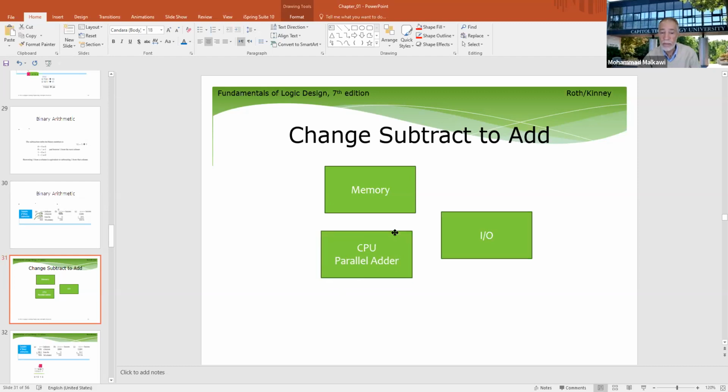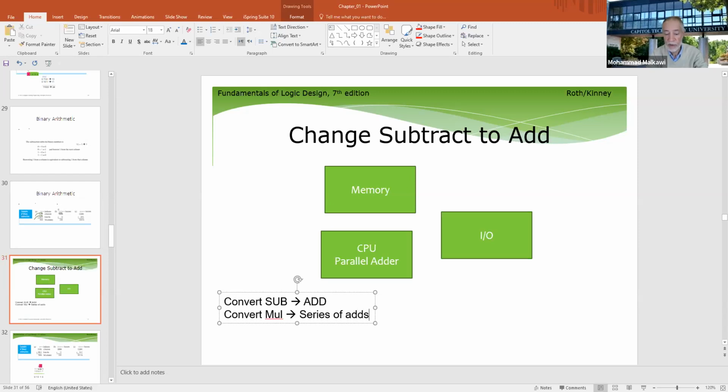So that's why it becomes very handy. We should be able to convert subtract into add, so make the subtraction through addition, and convert multiply into a series of adds, which is true.